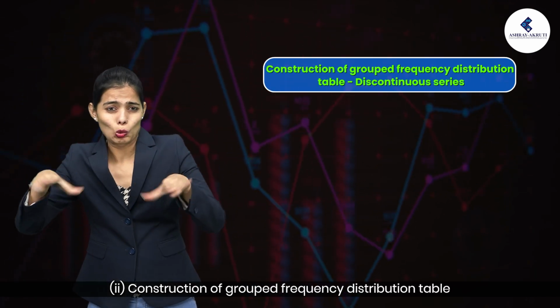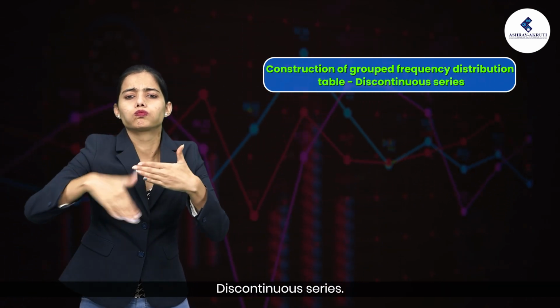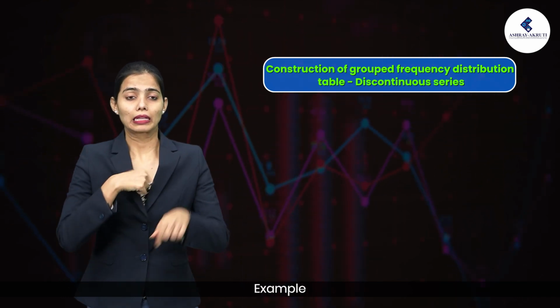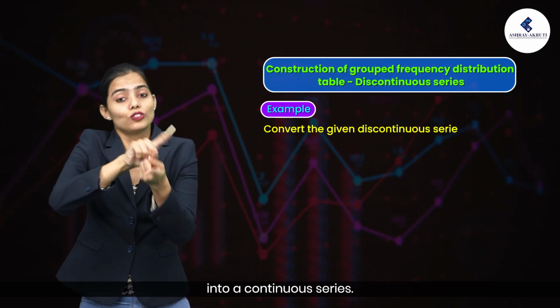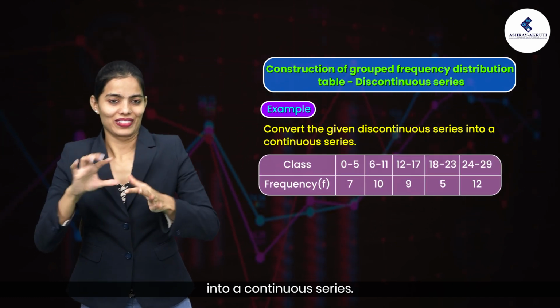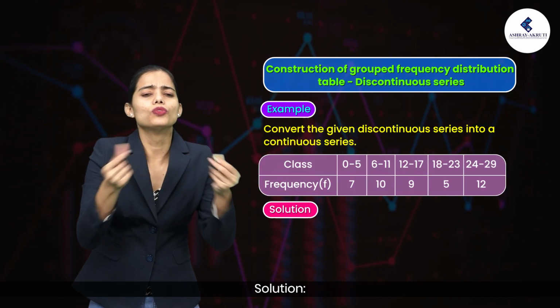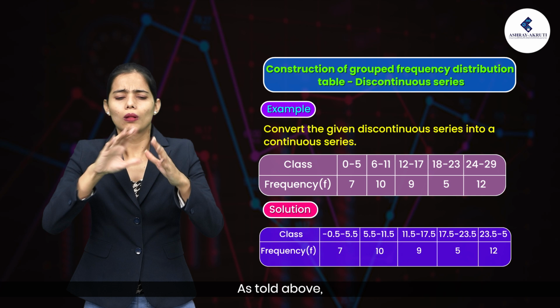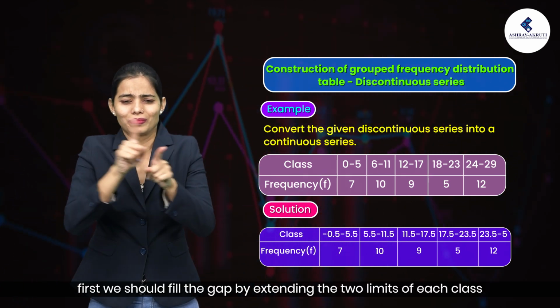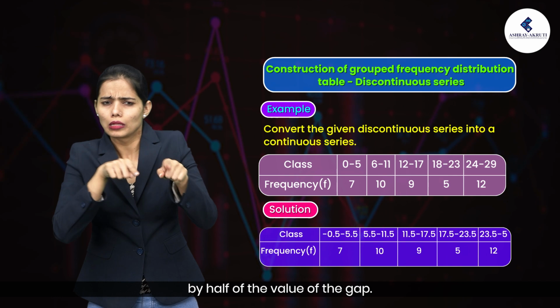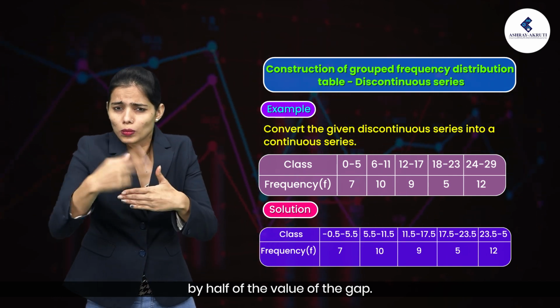Construction of group frequency distribution table, discontinuous series. Example: convert the given discontinuous series into a continuous series. Solution: as told above, first we should fill the gap by extending the two limits of each class by half of the value of the gap.